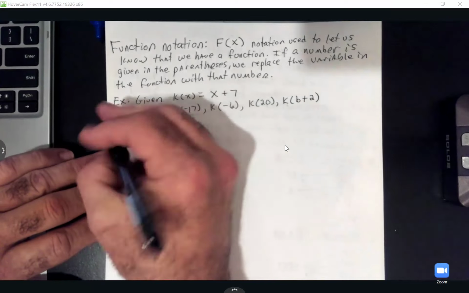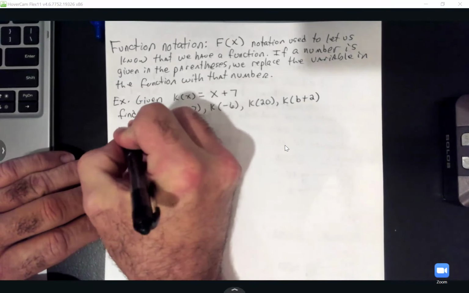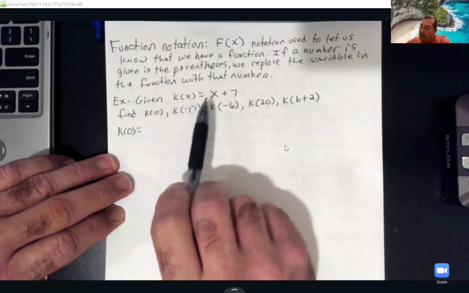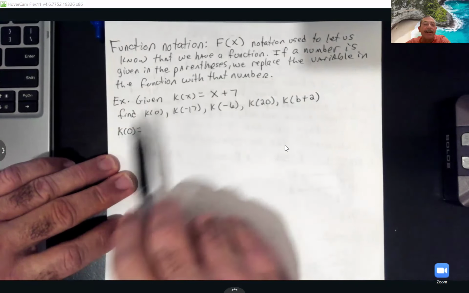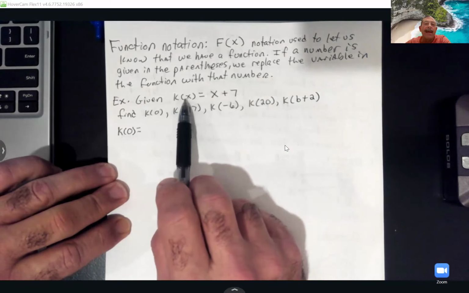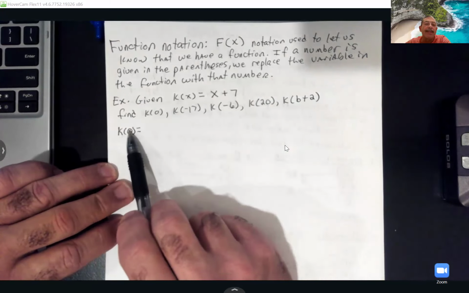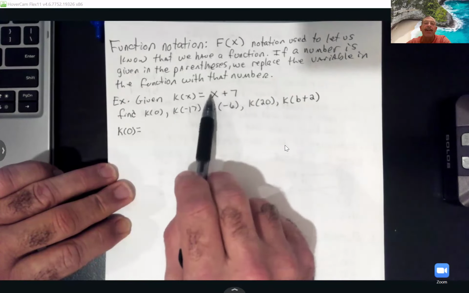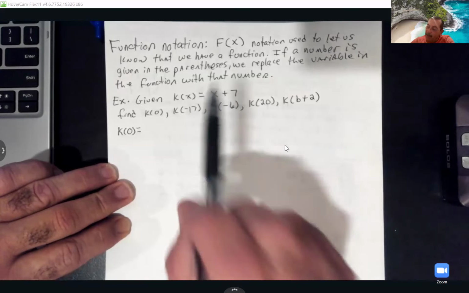So let's start with k of 0. So k of 0 wants me to take this k function, and see they're giving me a 0 in place of the variable. So that means they want me to put this 0 in for the x in this function here. So I'm going to put a 0 in for the x.